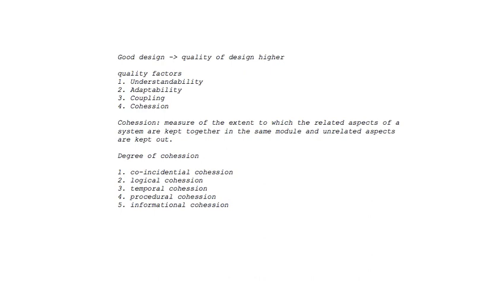So these are the different types of cohesion. Cohesion increases from this level to this level.